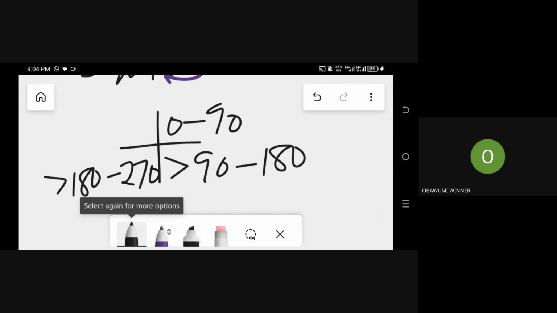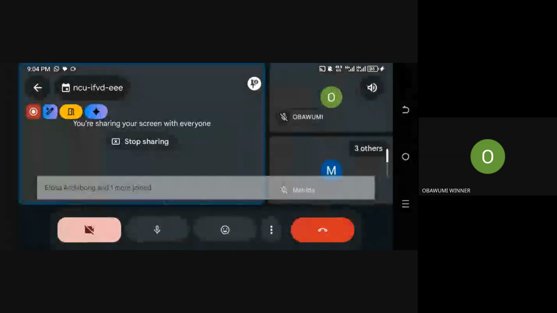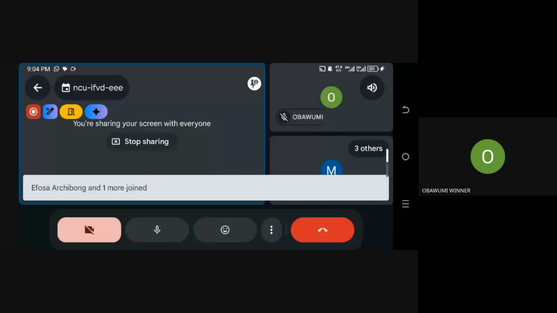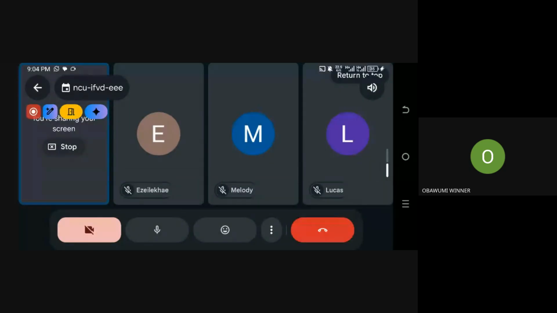Okay. Now I'll need someone to tell us the type of angles that can be located in the fourth quadrant. I'll be asking some persons who were not as active in the last class. So let's ask Lucas. Lucas, can you unmute your mic? Very good.